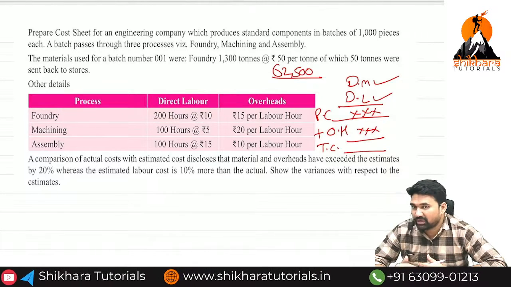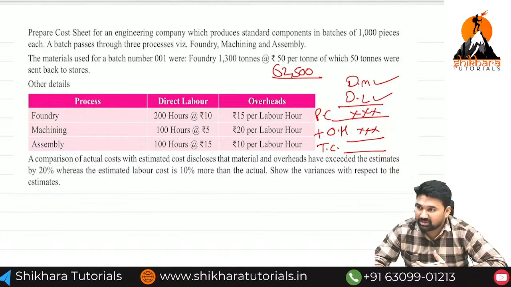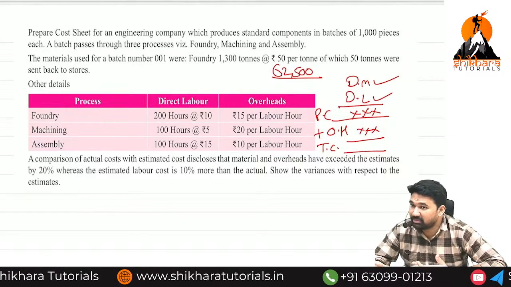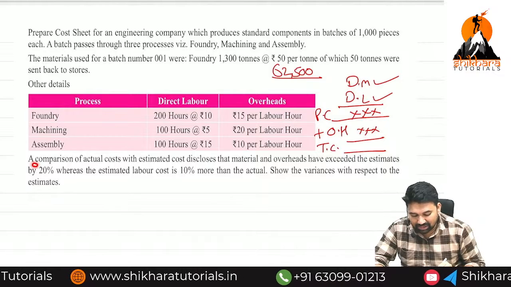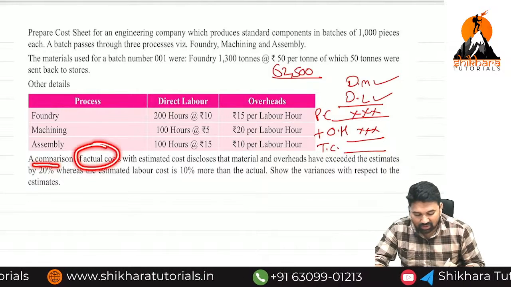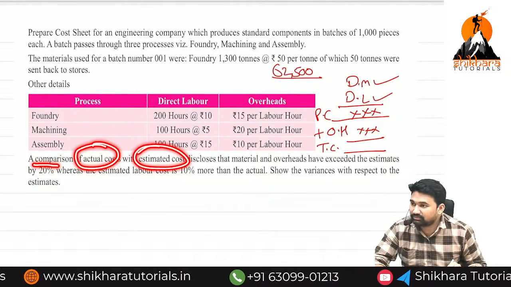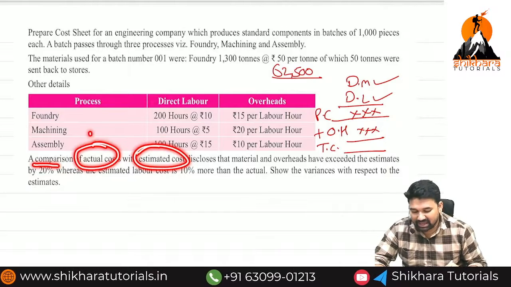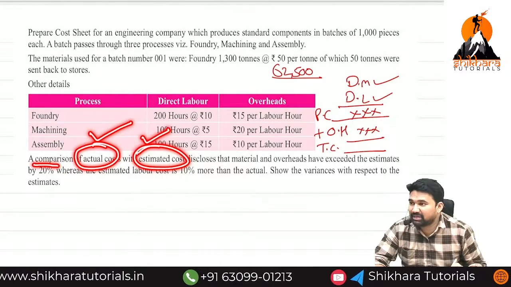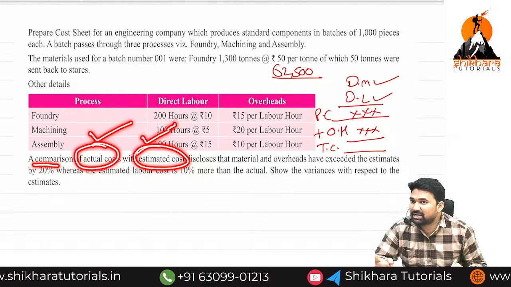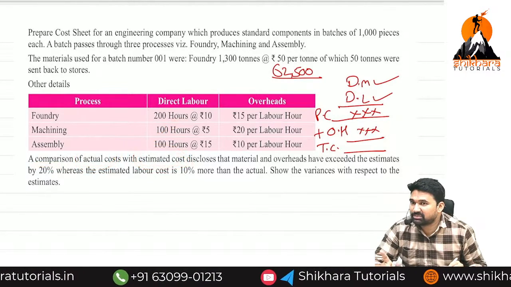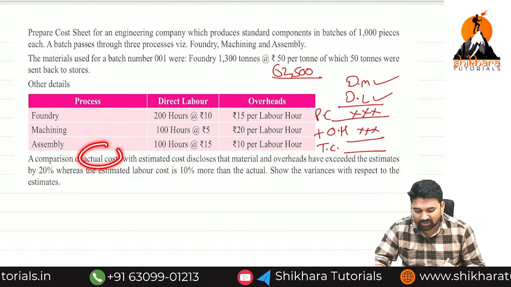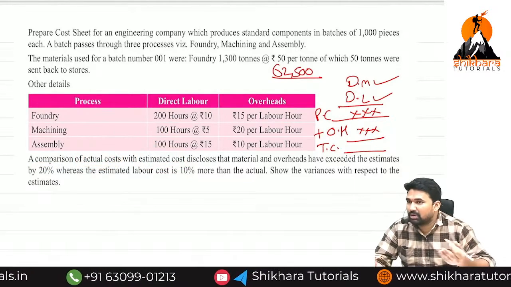But what actually happens? That is what we call comparison between actual cost and estimated cost, or we may say actual attempt versus estimated attempt. What is your estimated attempt? June 2026 is your estimated attempt. What is your actual pass out attempt? It means you have to pass.